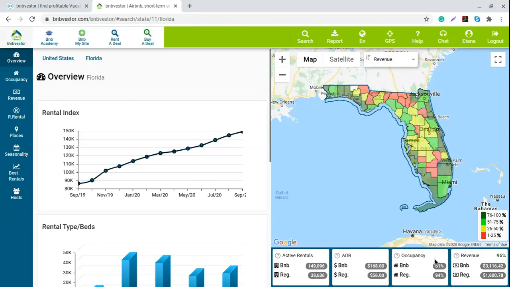Now, based on the occupancy, which areas are going to give you better occupancy? Of course, this depends a lot. For example, if a specific area has a prohibition, where you cannot have a B&B there, this is something that you need to check maybe with the realtors, or in the county, or anywhere you can find that information.